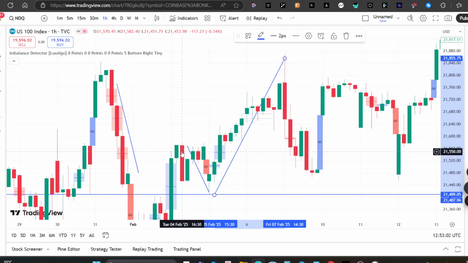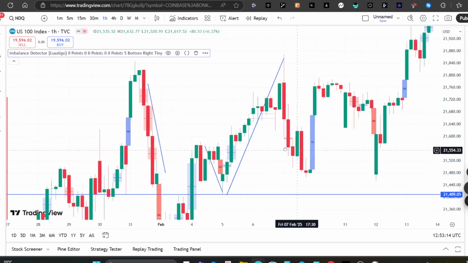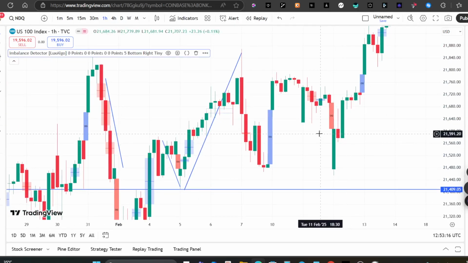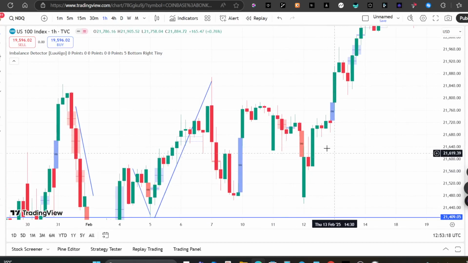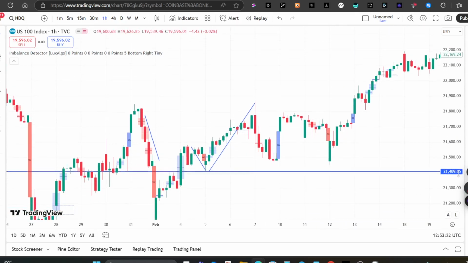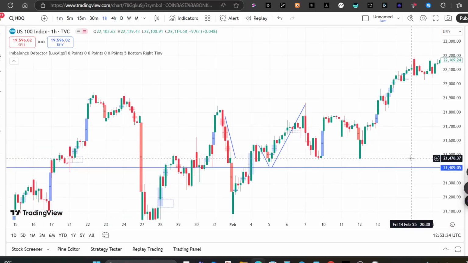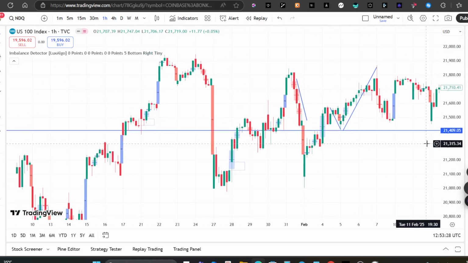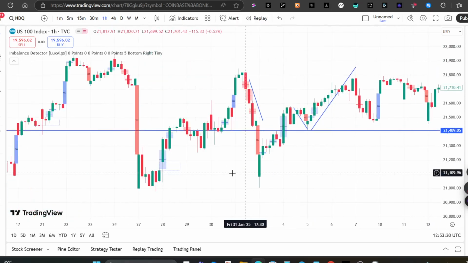You want to look for confirmation signals like candlestick patterns or support and resistance before entering. The second strategy is the continuation trade, because sometimes price doesn't return immediately and instead continues in the direction of the imbalance. In that kind of situation, you can use these imbalances as trend confirmation.